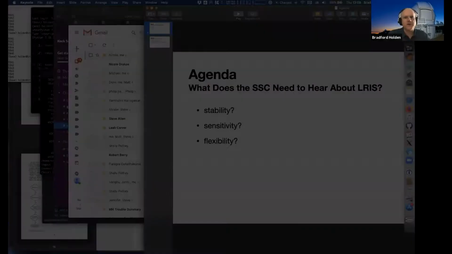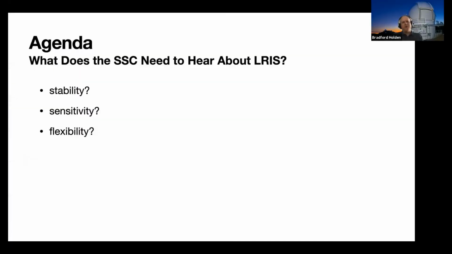And so the first one is, the way I'm thinking about this is, what does the Keck SSC need to hear about LRIS? What are the gripes that you have? And some of these, you say, oh, well, everybody knows, Brad, that it's not stable because of the current mechanical instability.